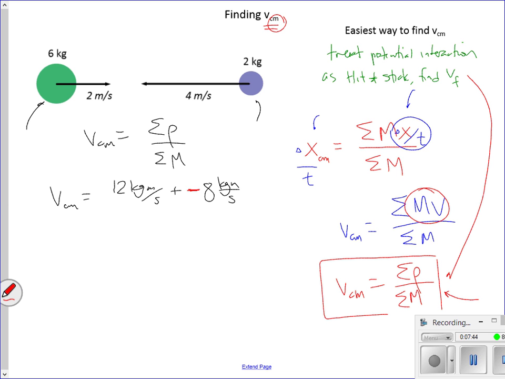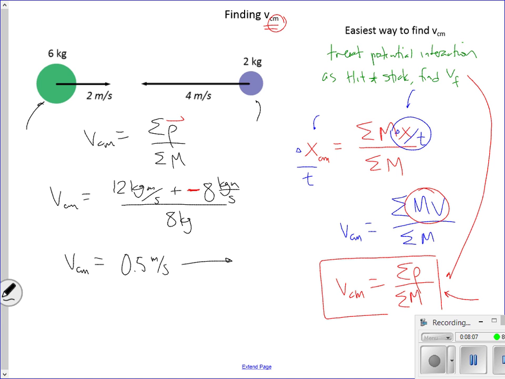Make sure we account for sign here, people. Momentum, a vector quantity, direction of the utmost importance. The net mass, the sum of the masses, is 8 kilograms. All right, VCM, 12 minus 8 is 0.5 meters per second, positive 0.5 meters per second.